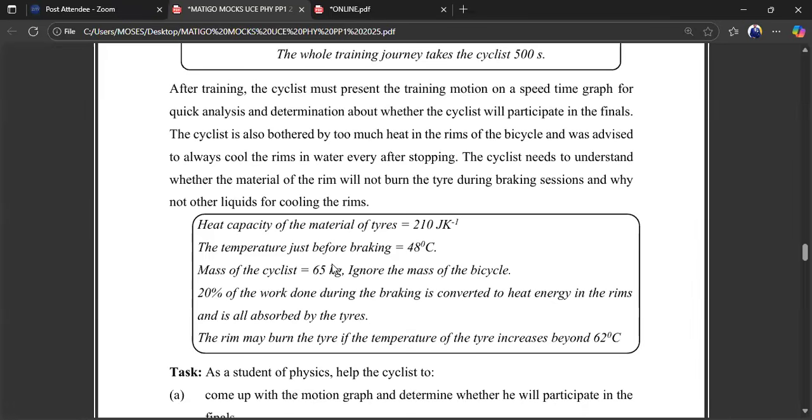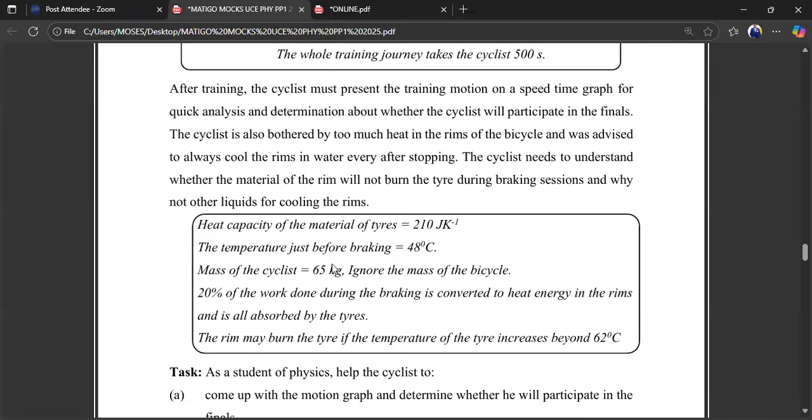20% of the work done during the braking is converted into heat energy in the rims, and all is absorbed by the tires. And lastly, the rim may burn the tire if the temperature of the tire increases beyond 62 degrees Celsius.